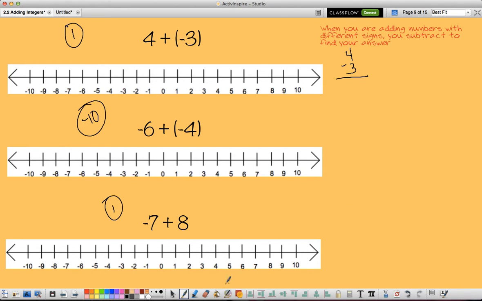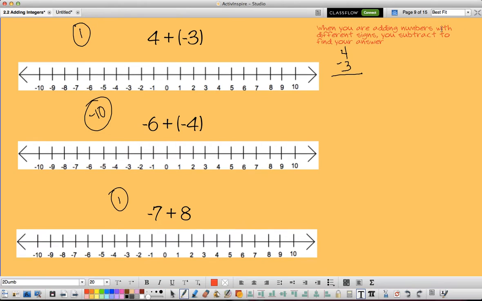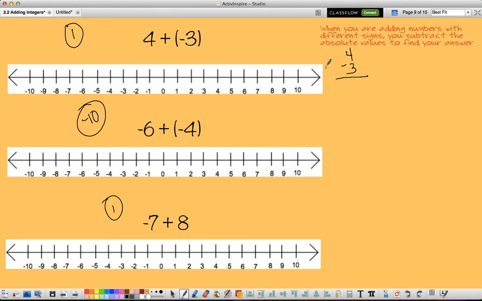And actually, let's add that to our statement. You subtract the absolute values to find your answer. So the absolute value of 4 is 4, and the absolute value of negative 3 is 3, and so I subtract and I get 1. Since we know that the absolute value of 4 is larger, I know my answer has to be a positive 1.